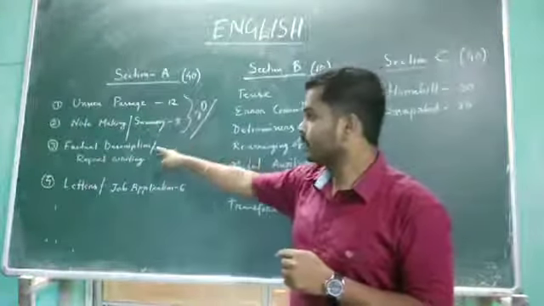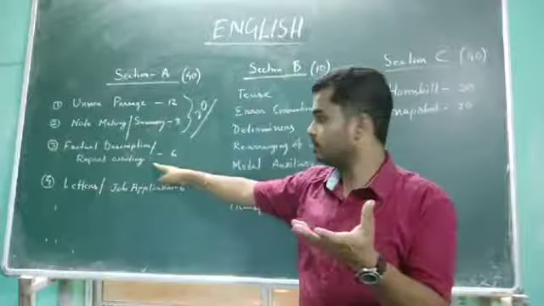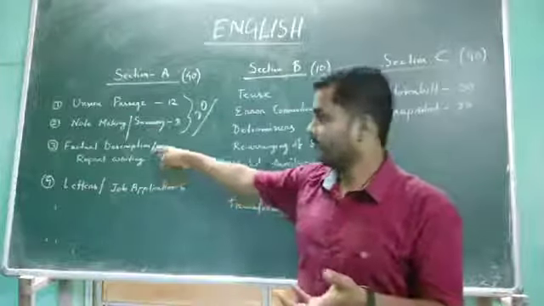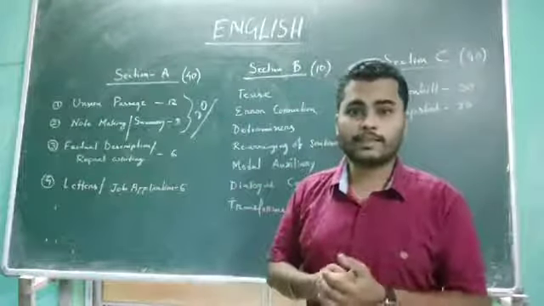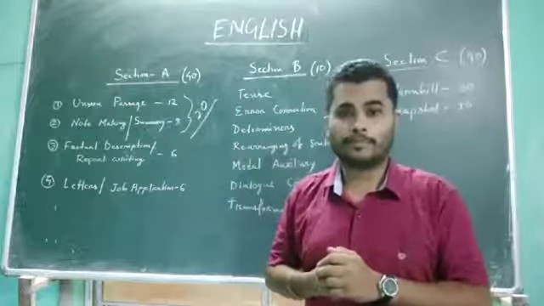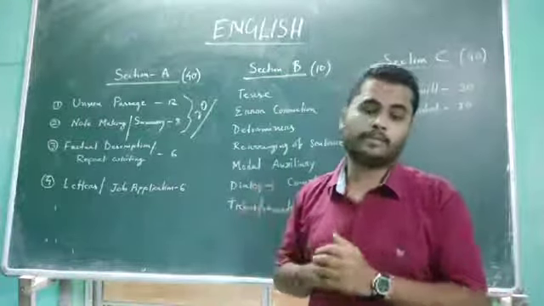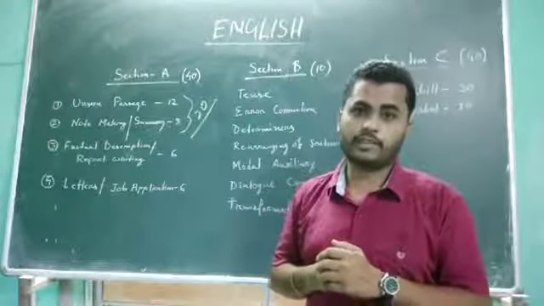Then factual description and report writing. You have already known about report writing. And then factual description. What is factual description? Suppose you visited a book fair. You were asked to write something about that particular book fair you have visited.